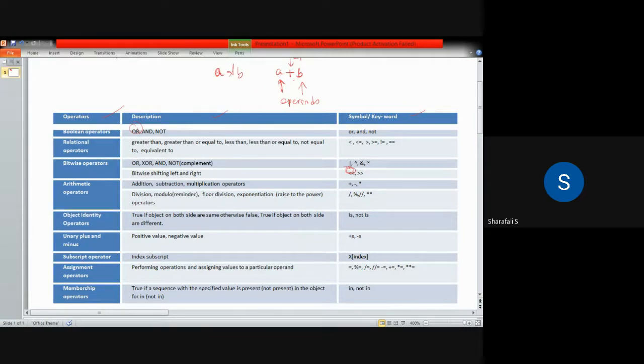These operators are used for different Boolean operations. The corresponding keywords in Python are OR and NOT. I will explain how we get the output, or how we can use these in Python, in the program section.